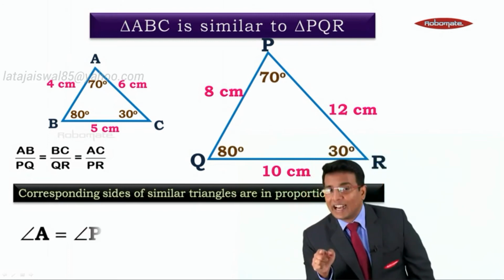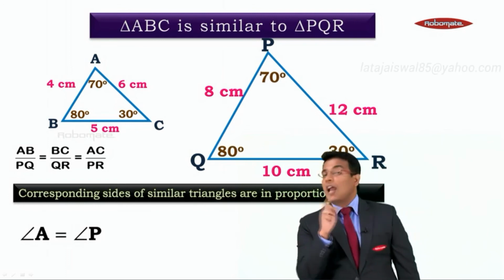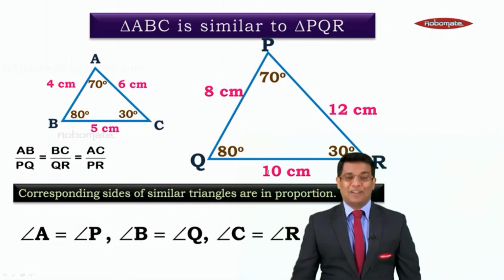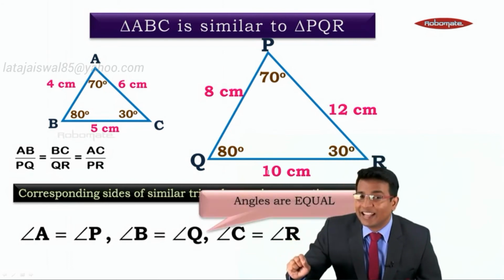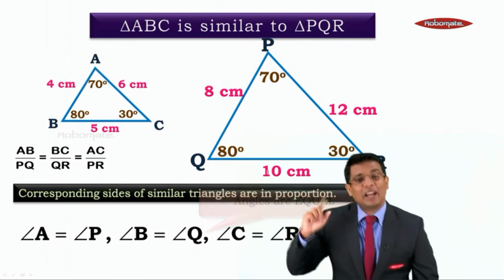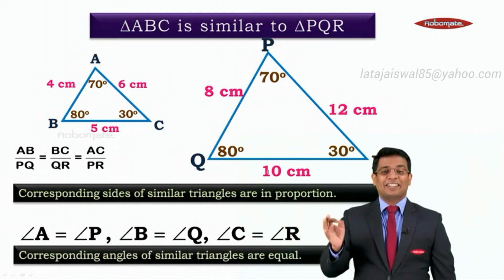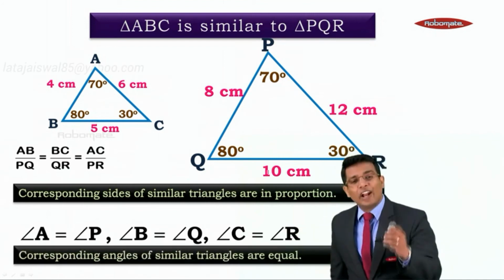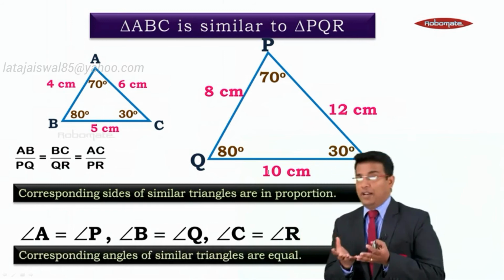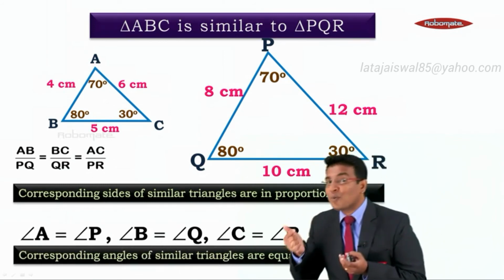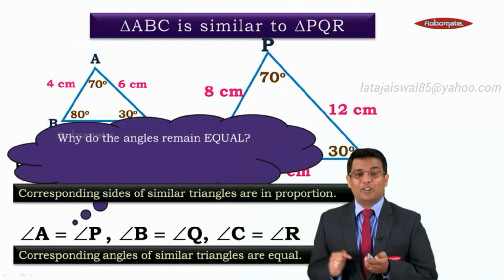That means angle A is equal to angle P, angle B is equal to angle Q, and angle C is equal to angle R. So the corresponding angles of similar triangles are equal. That means what we understood is when two triangles are similar, their corresponding sides are in proportion and corresponding angles are equal.